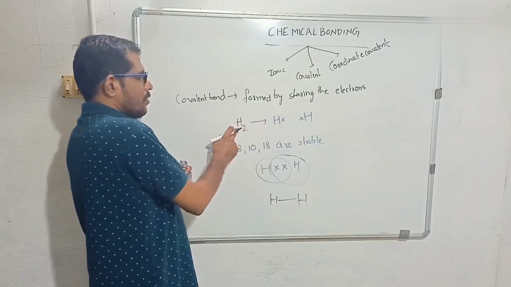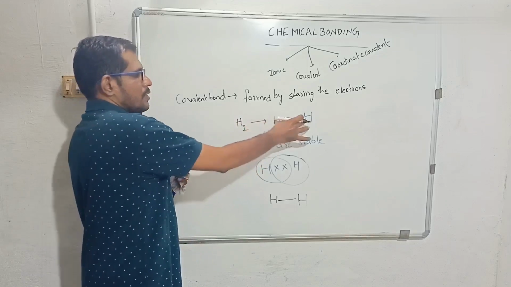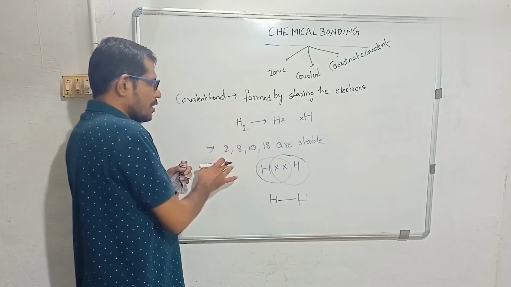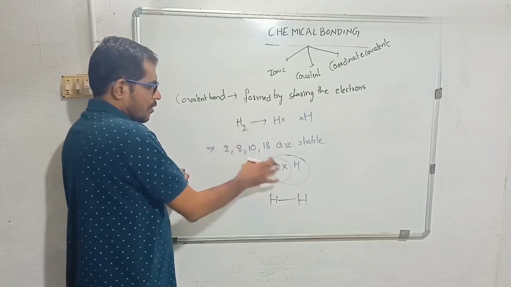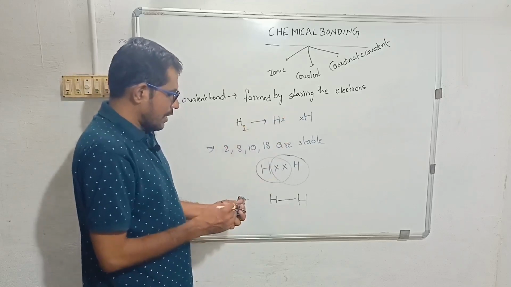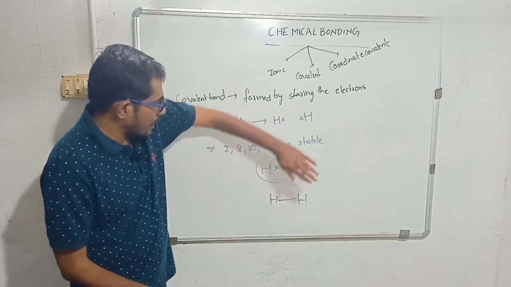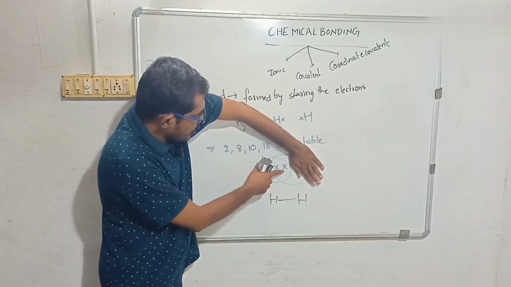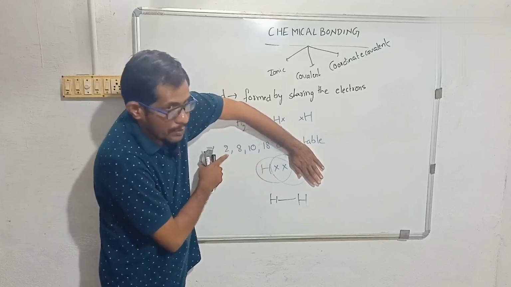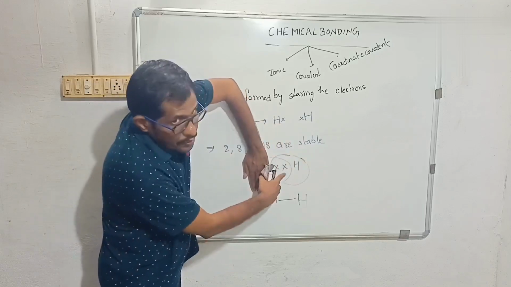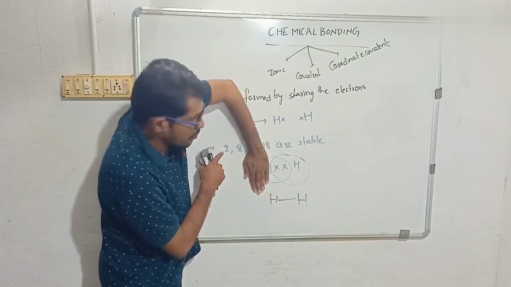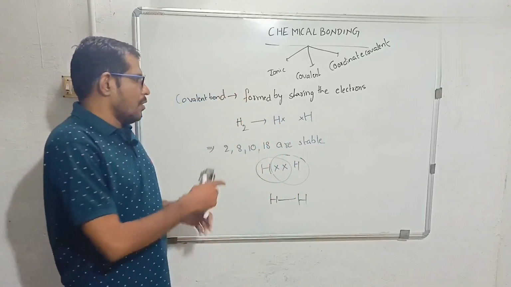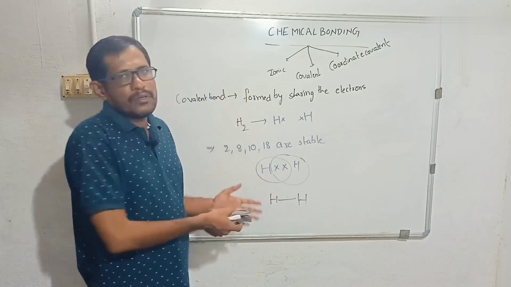In hydrogen there are 2 atoms, so I represent each hydrogen with 1 electron. 2 is stable, so by sharing the 2 electrons, and after sharing you count like this: for this hydrogen, 2 electrons, so it becomes stable. In such a way, a covalent bond is formed. We will do some more examples now.